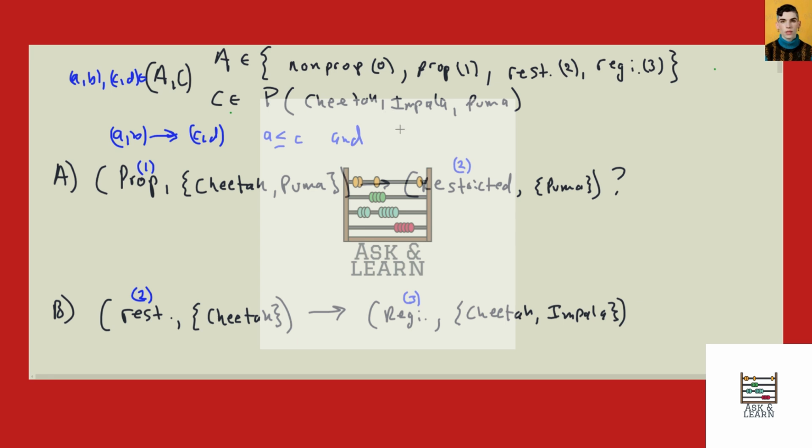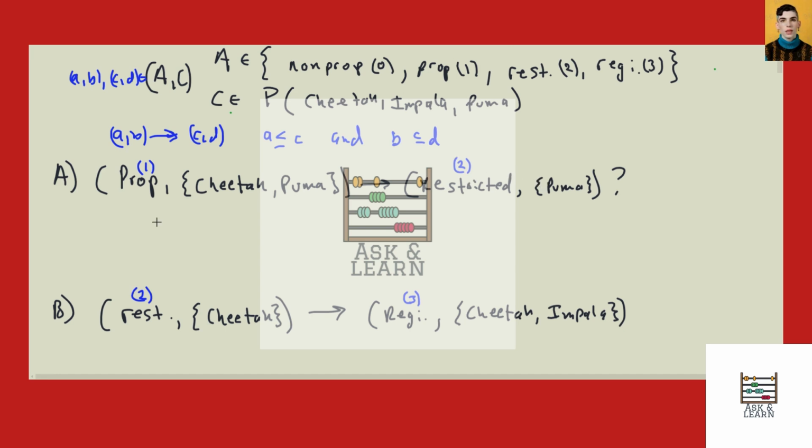So B needs to be a subset of D. As long as we have this here, because capital C is just some element of the power set of Cheetah, Impala, Puma. Okay, so let's see what we can do for this first one. They want to pass something from proprietary Cheetah Puma into restricted Puma.